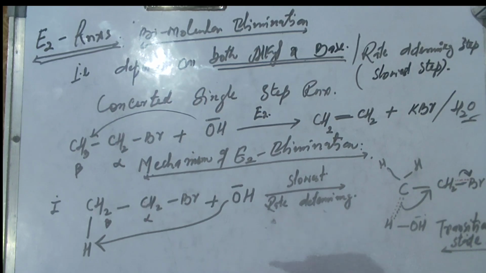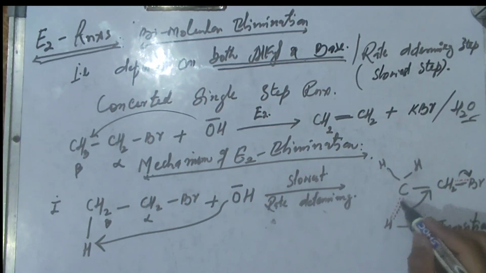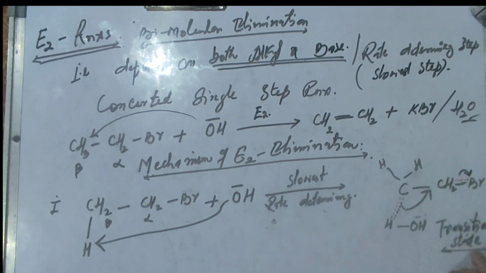What actually happens in this case is that the bond between the carbon and beta hydrogen is not completely broken or shifted, and the bond between the carbon and Br is also not completely broken. In other words, the carbon double bond is not completely formed as well. So this is in an intermediate state in which all the bonds which are undergoing the shifts are in an intermediate state.